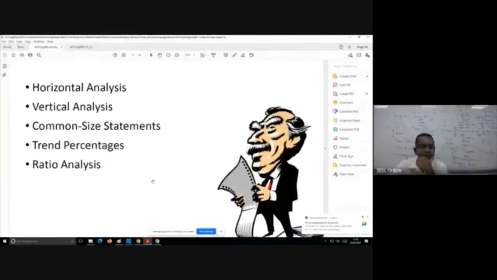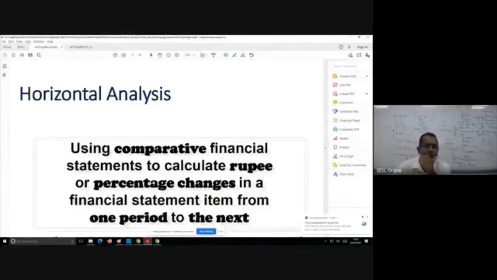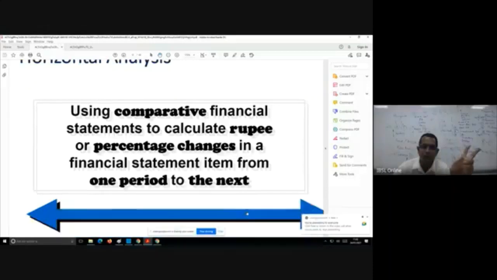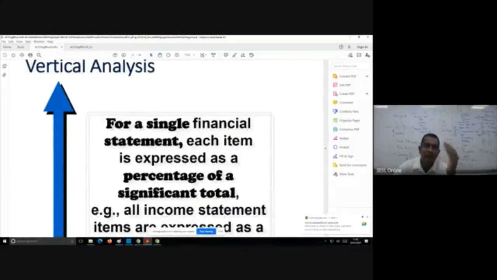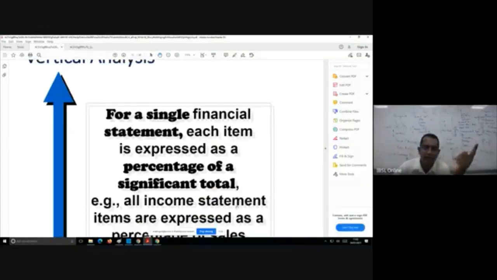Right? This one, using comparative financial statements to calculate rupee or percentage changes in a financial statement item from one period to the next. That's 2 periods we are looking at. Vertical, for single financial statement, each item is expressed as a percentage of a significant total.